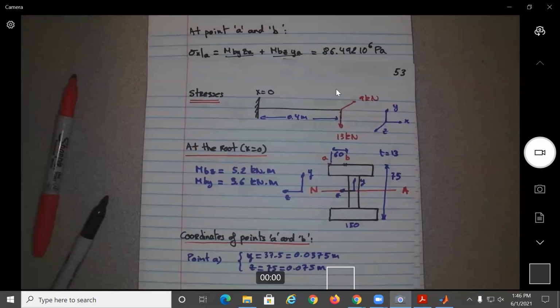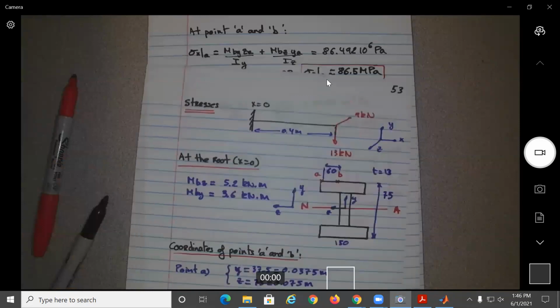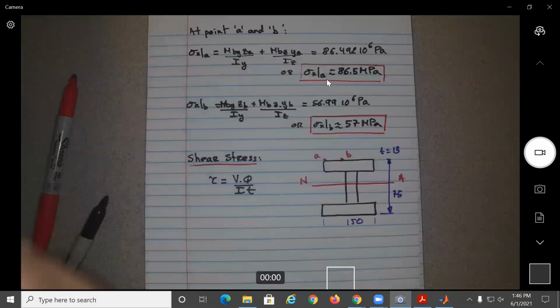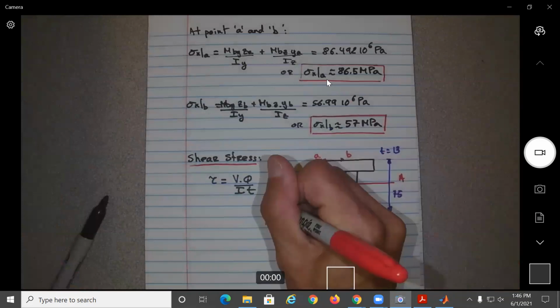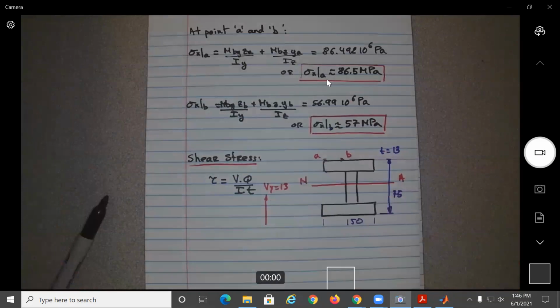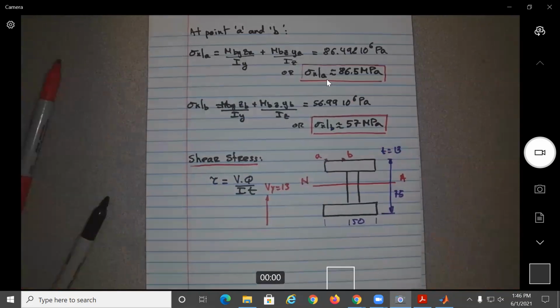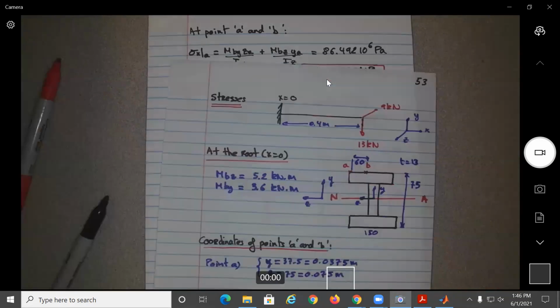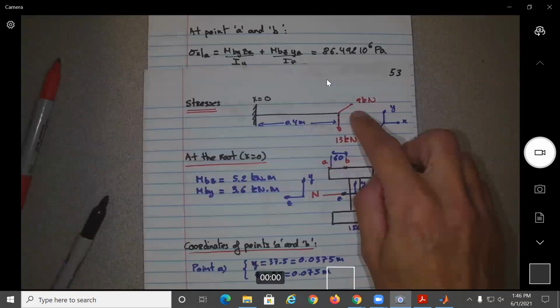So we have a Vy going up. That should be equal to 13, probably is what we found. So the loading is Vy equal to 13. And then this one is what? This should be a negative.